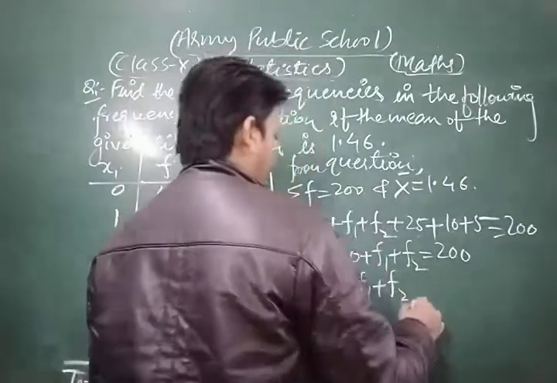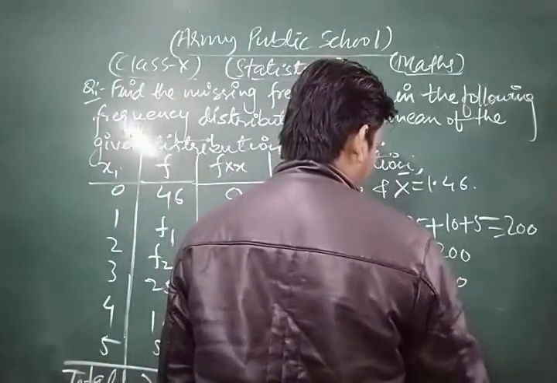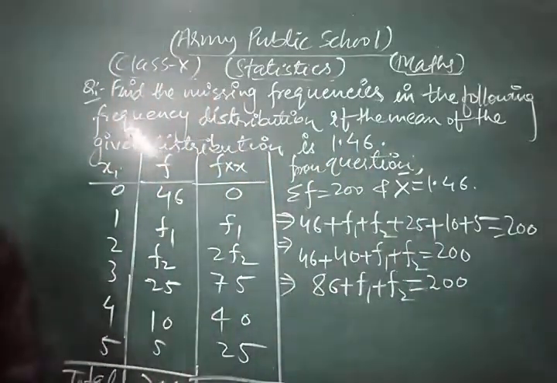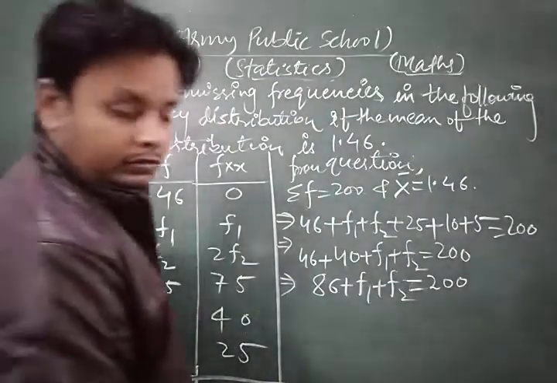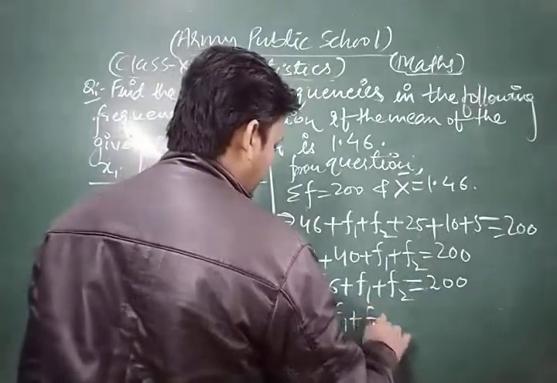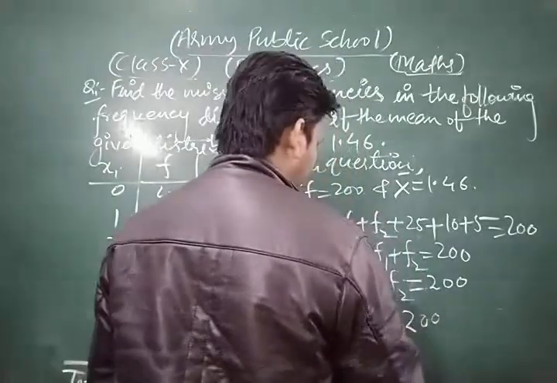So f1 plus f2 plus 86 is equal to 200. And now from there, f1 plus f2 is equal to 200 minus 86.